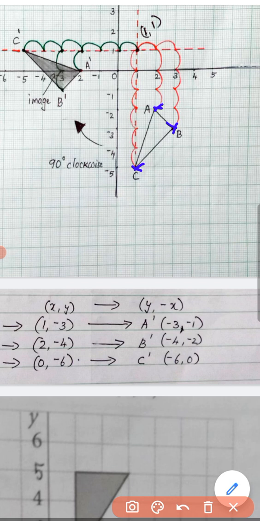First plot the points and join the points. This is our object.